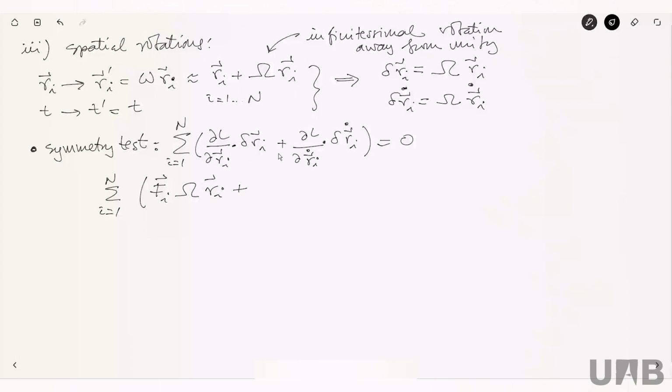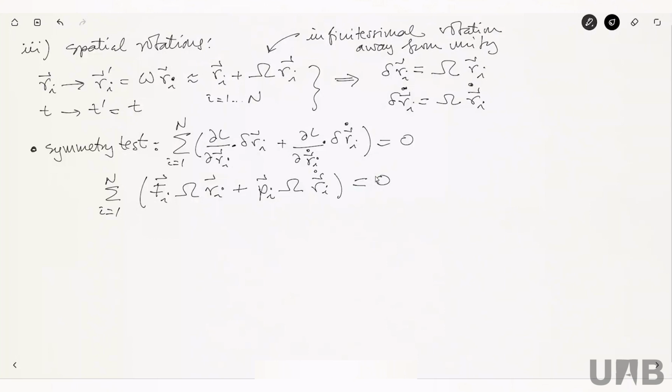Plus the derivative of L with respect to R dot. What did we say this thing was? The canonical momentum. Yes, P sub i, okay? Now times the same matrix omega times R dot i, okay? And this has to be 0, okay? So that is the symmetry test.